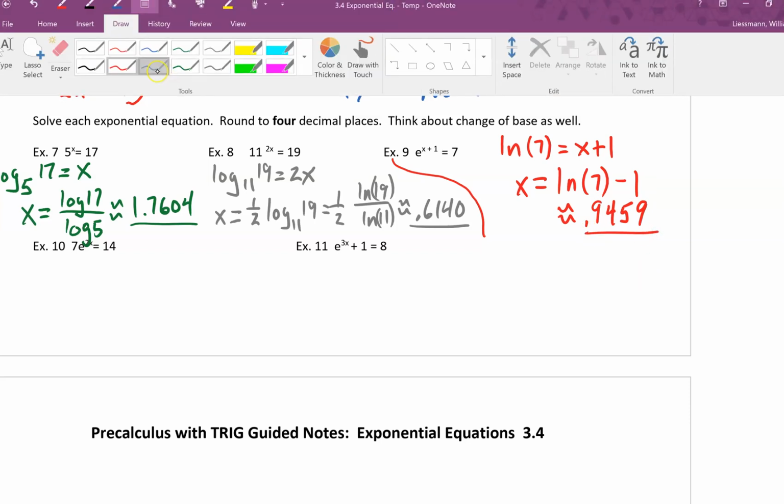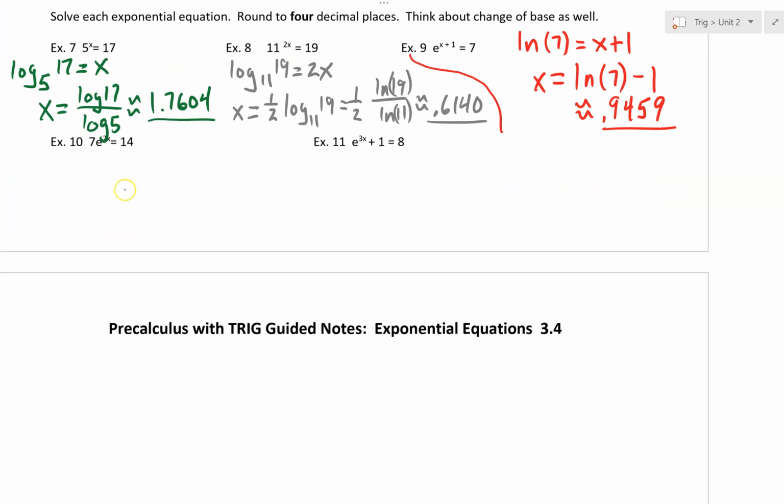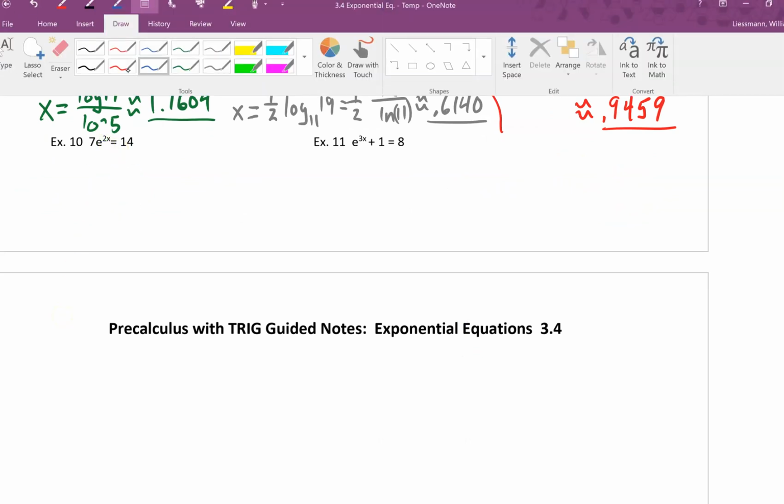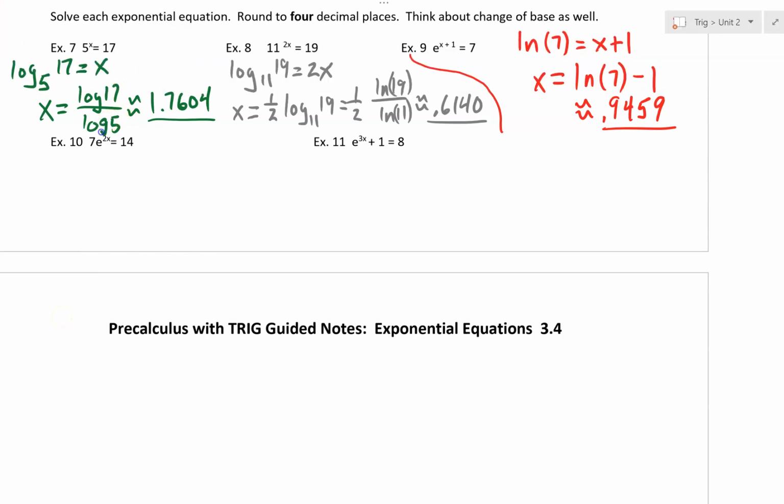Hopefully everybody's kind of seeing how this works. The next one, I got a little bit carried away there, so let me fix that real quick. It says 2x there. So first thing we have to do, we got to get the exponential by itself. So e to the 2x is equal to 2 because you're dividing 7 over the other side. Now it's ready to go. This is ln of 2 is equal to 2x.